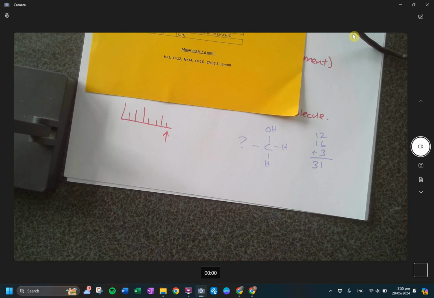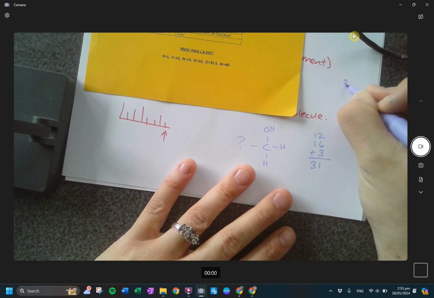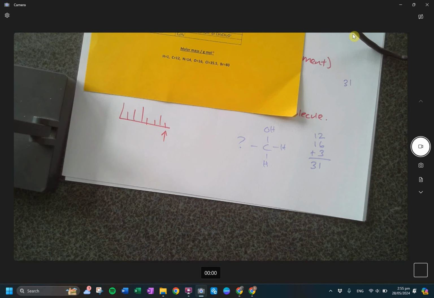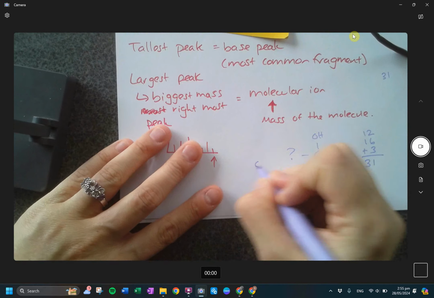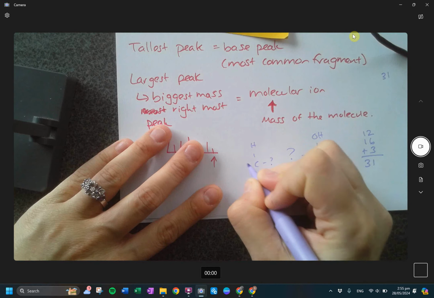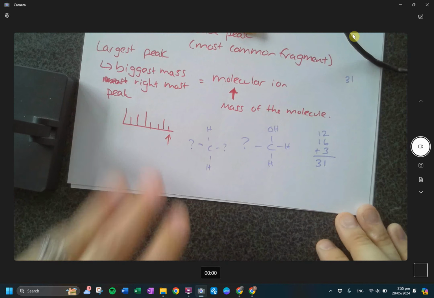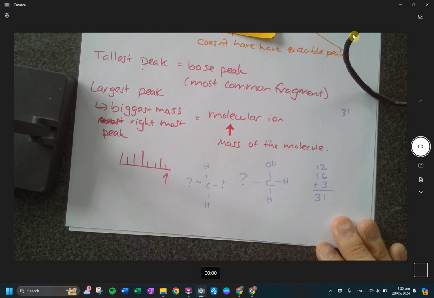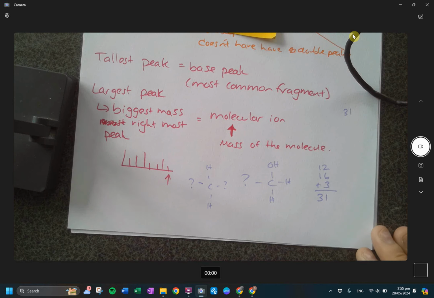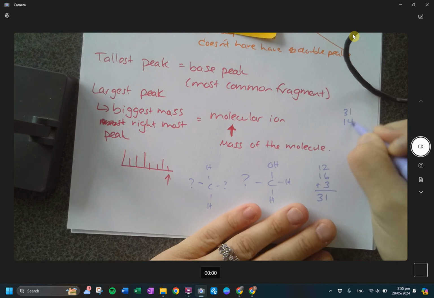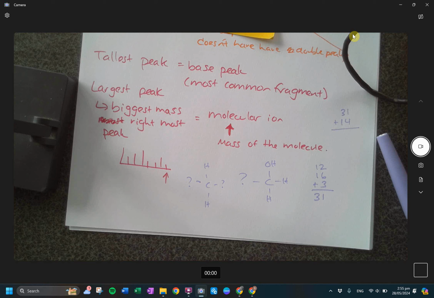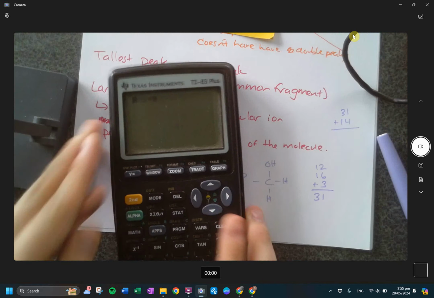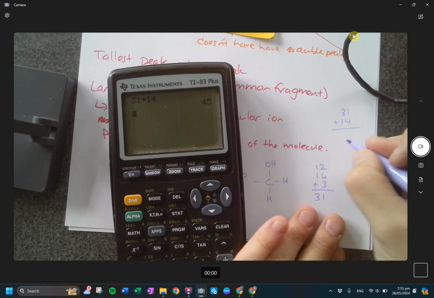Now, the next step is I like to play the game called adding 14. I think it's 14. Let me see. 12, yeah, 14. So the next thing I will do is keep adding 14 until I'm 1 away from the molecular ion. So basically until I'm 1 away from 116. So if I add 14, I can't do mental math, so let me find my calculator. 31 plus 14, I'm now at 45.